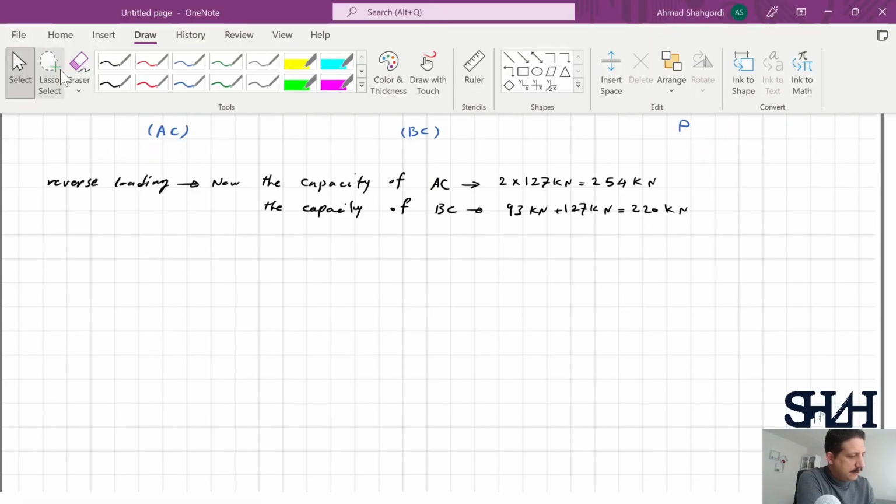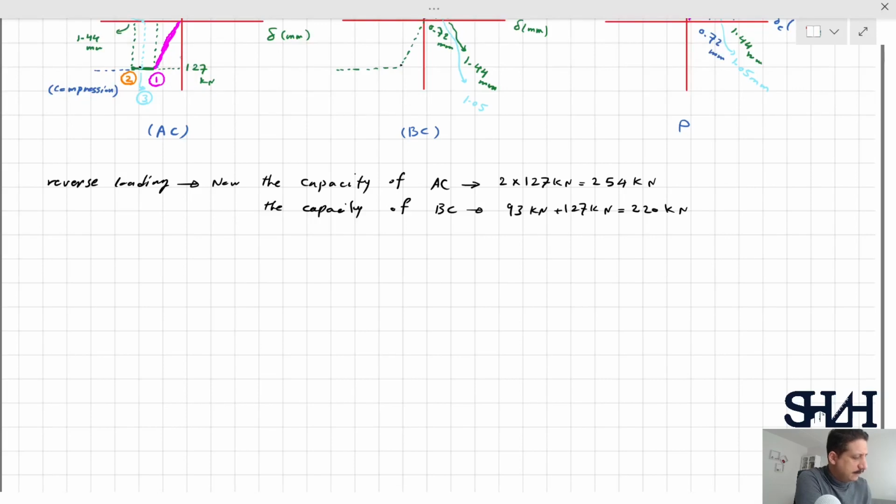So in the reverse loading, we assume that elastic analysis is valid. As a result, AX will be 2 times BX. And AX plus BX will be the magnitude of the reverse loading, which is 220 kilonewton.